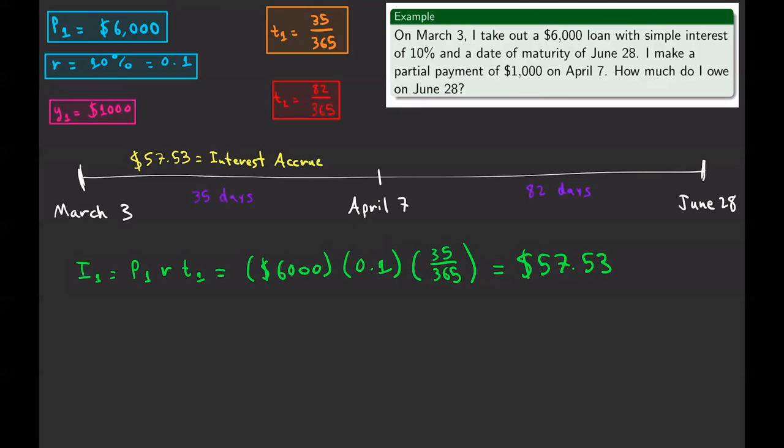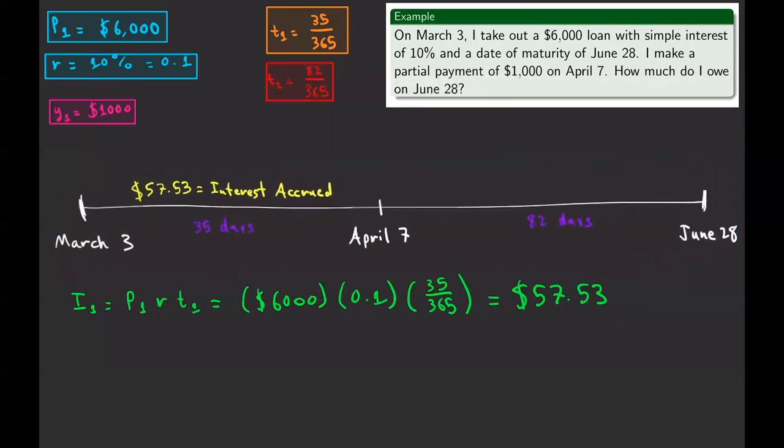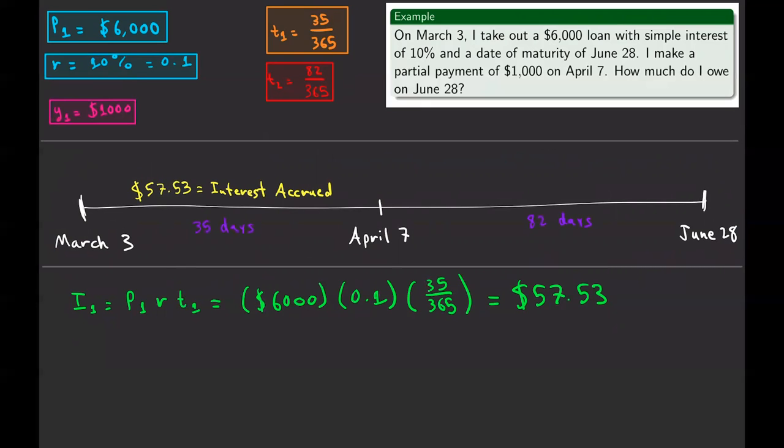And so now on April 7th, I am going to owe, I'm going to give myself a little bit more space here. I'm going to owe the original 6,000 that I borrowed, but I'm also going to have to pay back this interest. Separate that out. So I am going to actually owe here, let's go ahead and do this in this blue here.